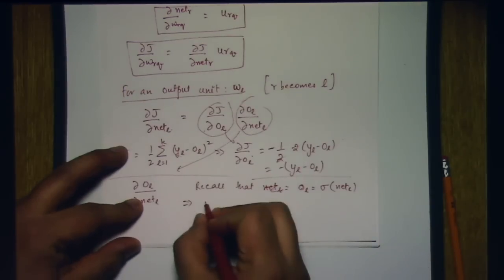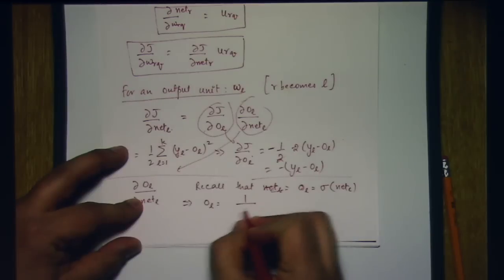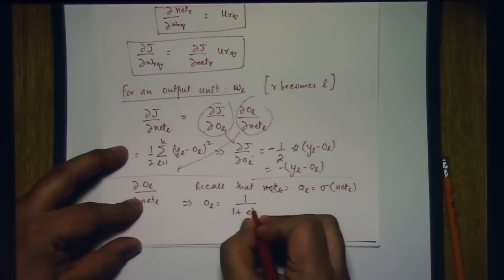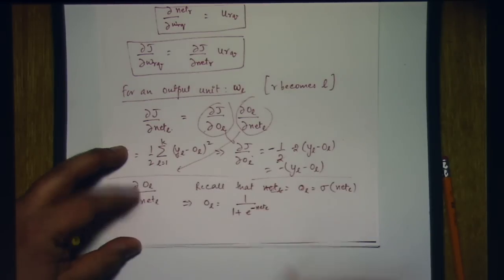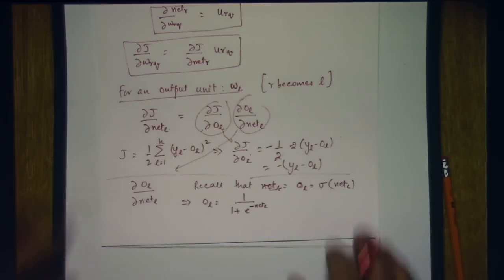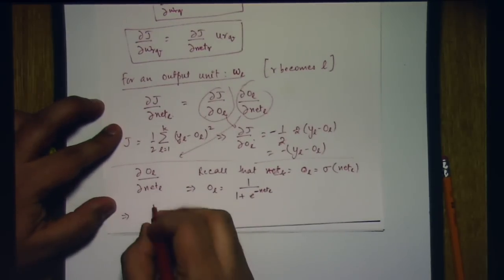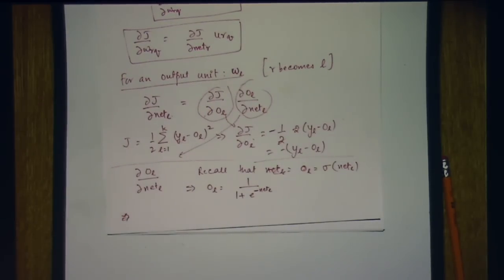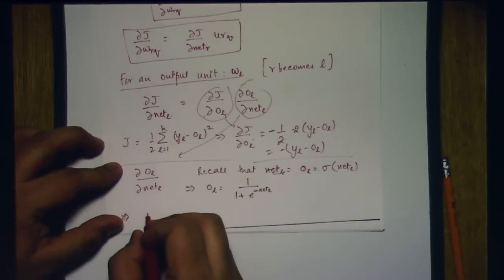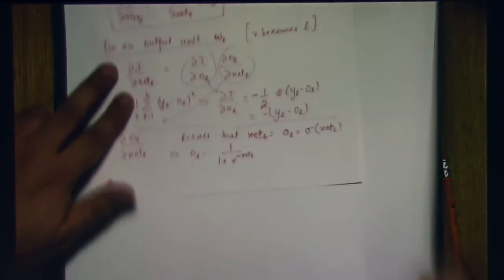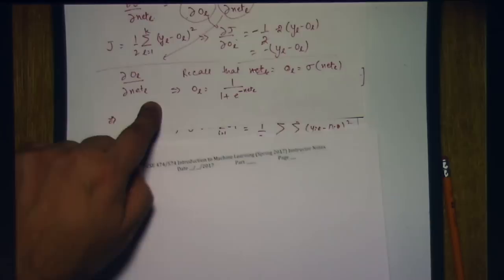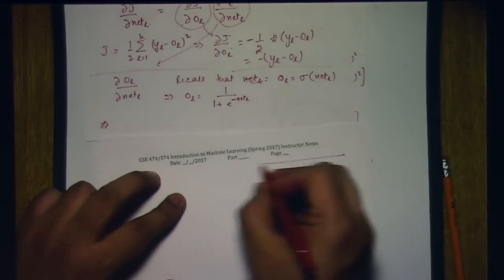That implies that O of L is 1 over 1 plus e power minus net of L. Okay, we're going to do an interesting study of the sigmoid function separately, and then I'm going to use that result here. So don't get alarmed.